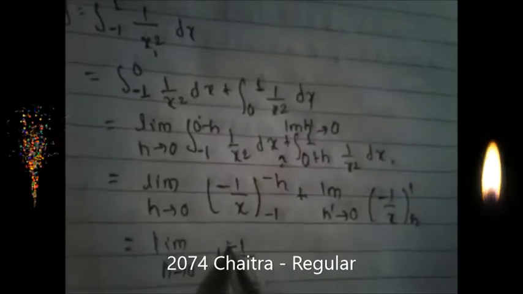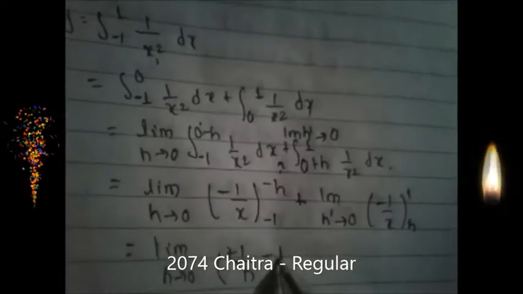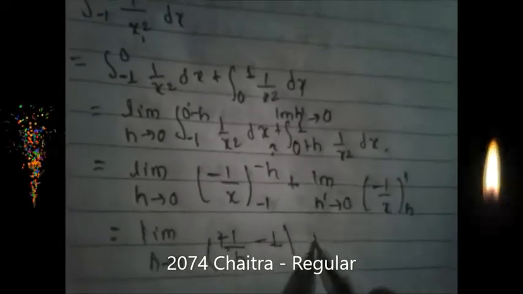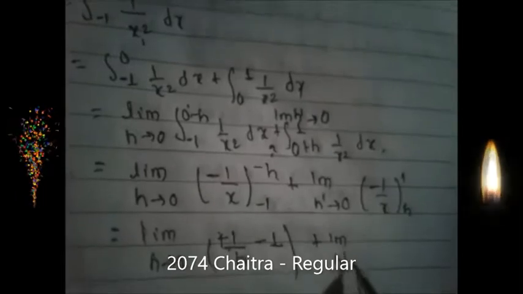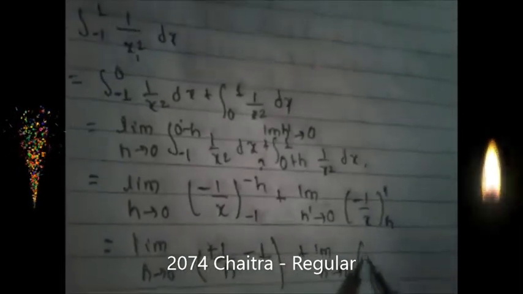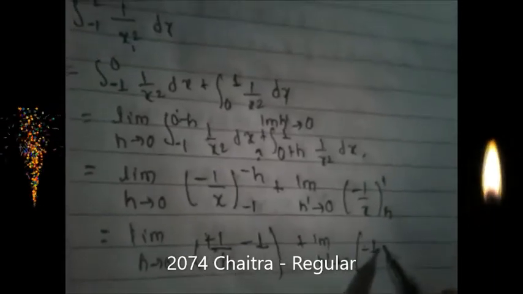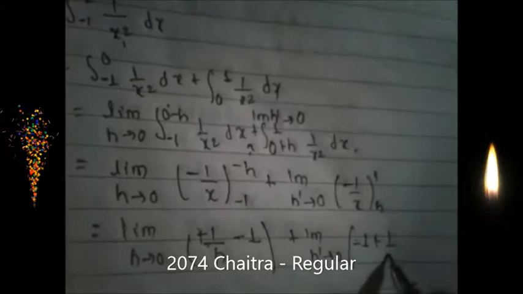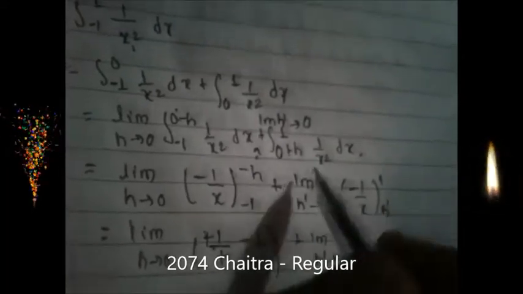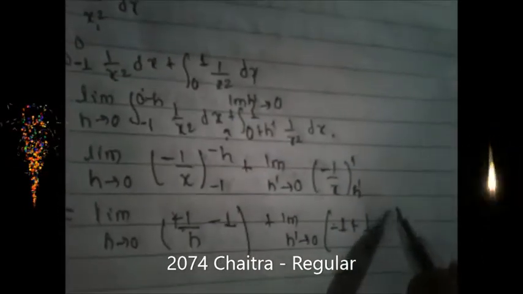Now we can put the value: limit h tends to 0 of -1 upon minus h, it will be plus 1 upon h minus 1. For the value it will be 1 plus limit h' tends to 0, and minus of 1, and minus would be plus 1 upon h'.